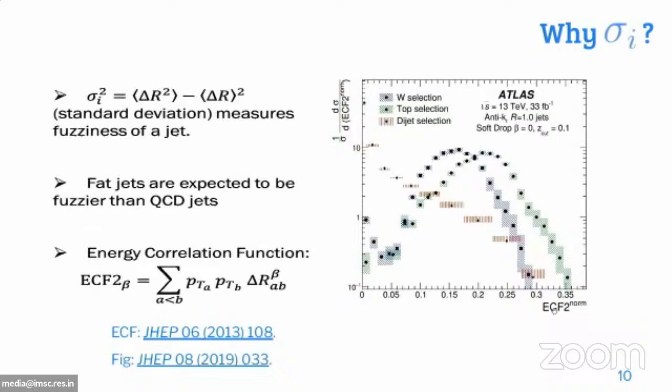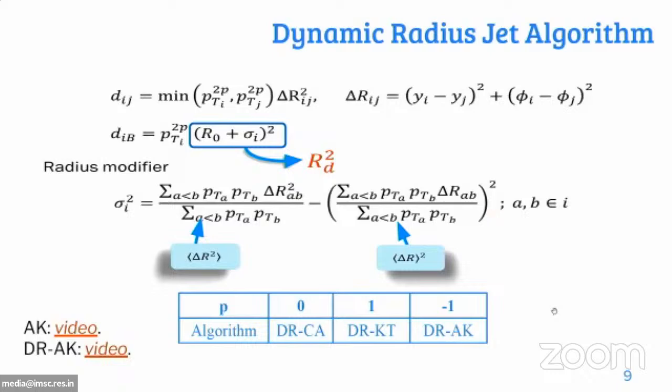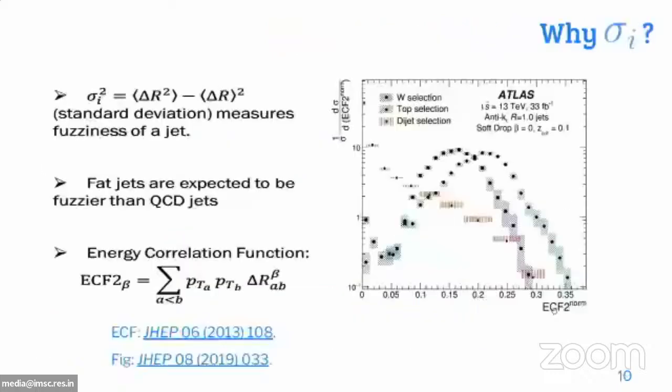The other explanation is that there are substructure observables which are useful in discriminating the top jet and W jet from the normal QCD jet. If you see this energy correlation function, which is defined the same way as we defined earlier in this sigma I definition, slightly different from it, you see that it tends to be higher for the top jet, a little lower for the W jet, and for the QCD jet it tends to be smaller.